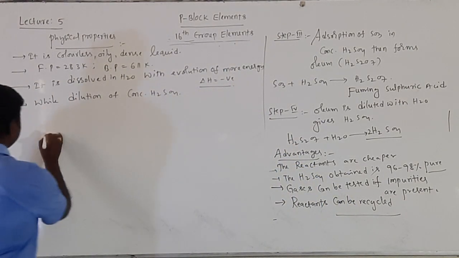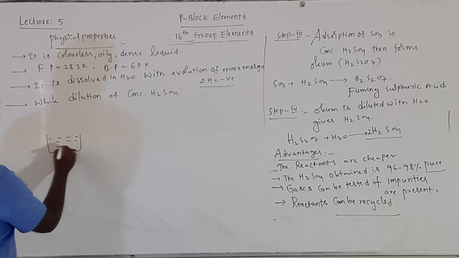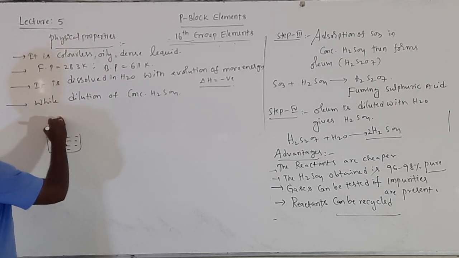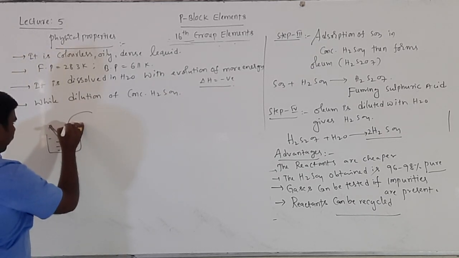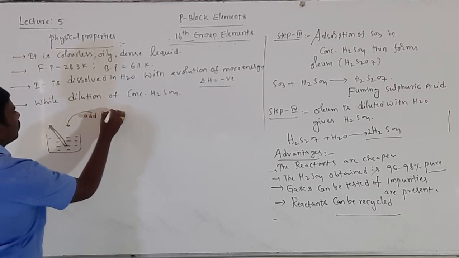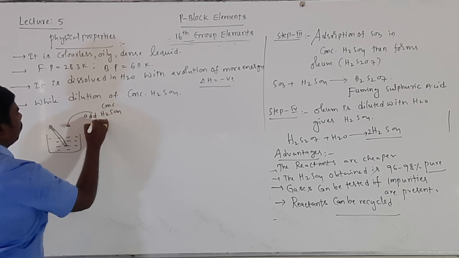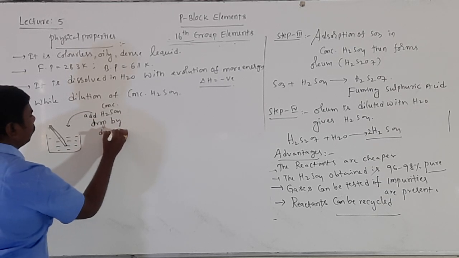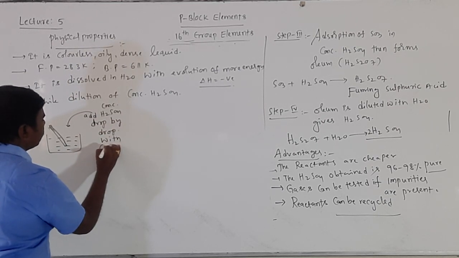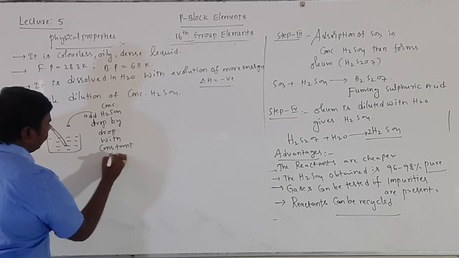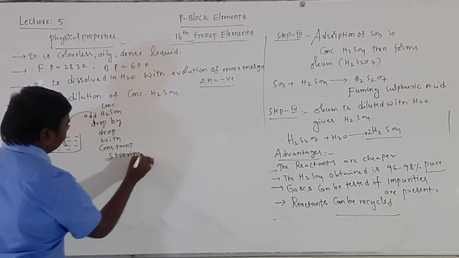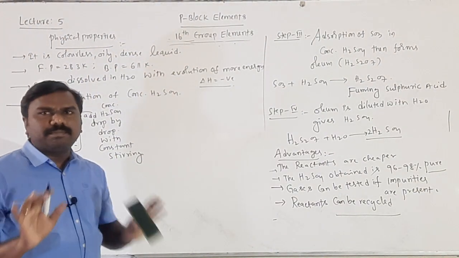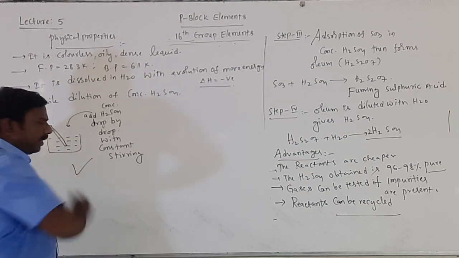So first take water in a bowl, add concentrated H2SO4 drop by drop with constant stirring. Then it will be diluted. It is the right method.